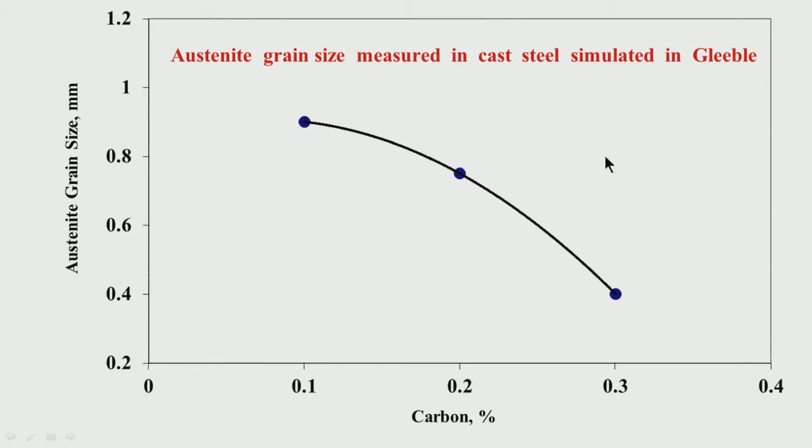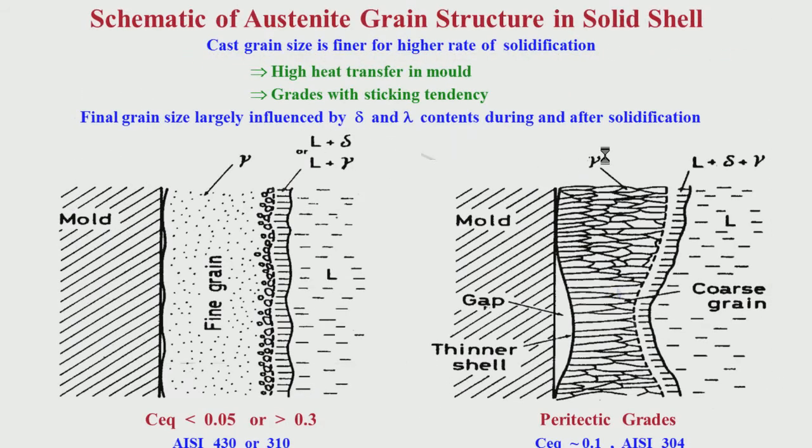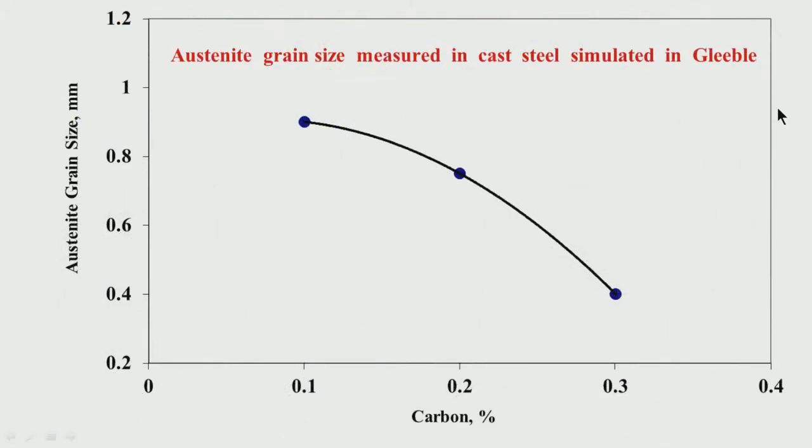So, around 0.1% carbon, the peritectic grains, the cast grain sizes are relatively larger compared to the cast grains of austenite. So, you can see here actual measurements done during solidification, which has been simulated in a Gleeble simulator. So, the austenite grain size is quite large, around 0.9 is quite large.